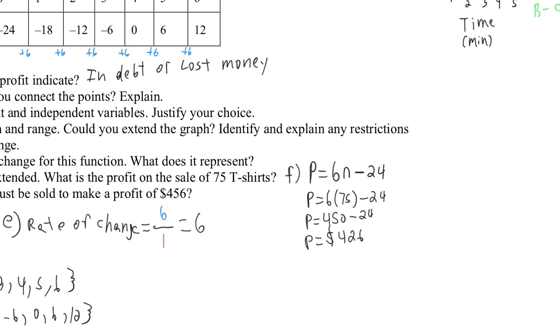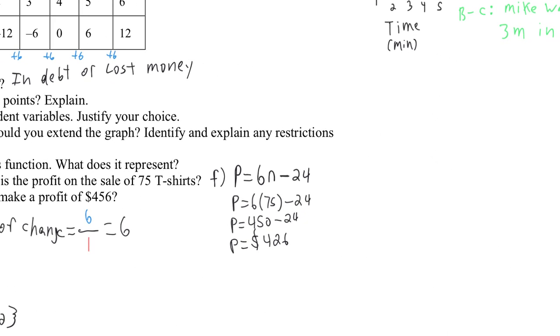Now for G, it's asking how many t-shirts we would have sold if we had $456. So we can use that exact same equation for G. Profit is equal to 6n take away 24. Now if I know that the profit I made is 456, I want to solve for n.